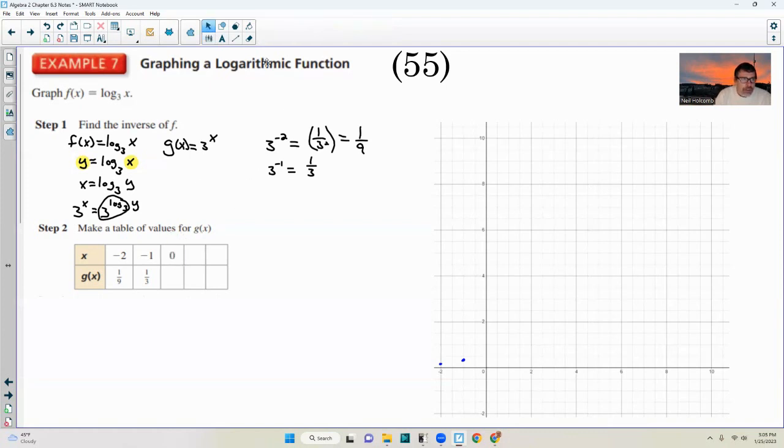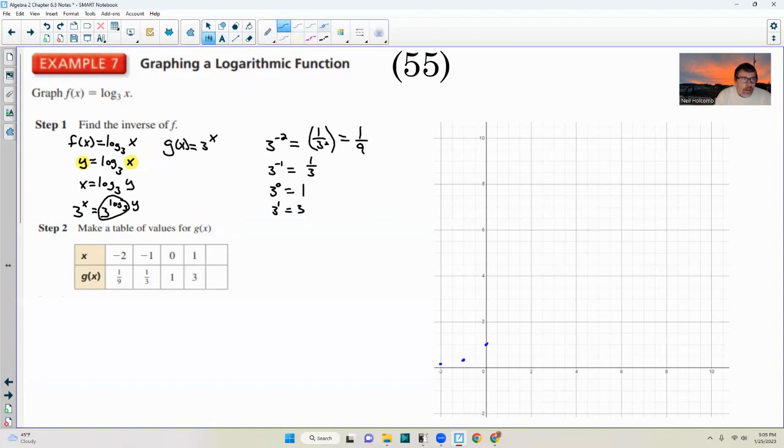I plug 0 in, so that's 3 to the 0 equals 1. Anything to the 0 is 1, so I'm at the point 0 comma 1. Over 0, up 1 is right here. Then I'm going to plug in 1. Obviously that means 3 to the first power, which is simply 3. So I get 3 here.